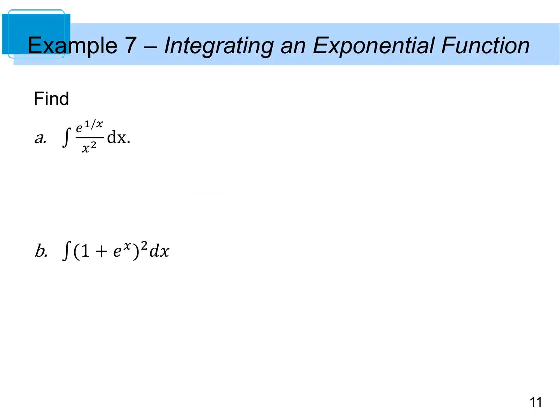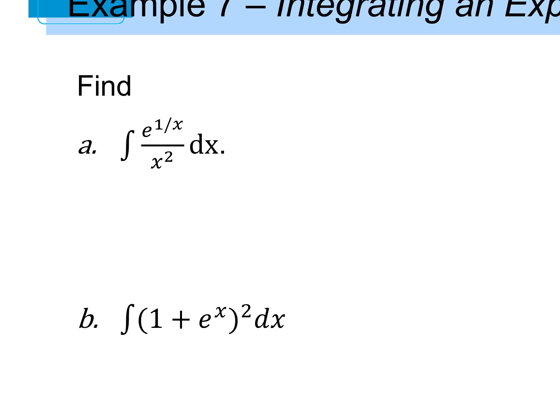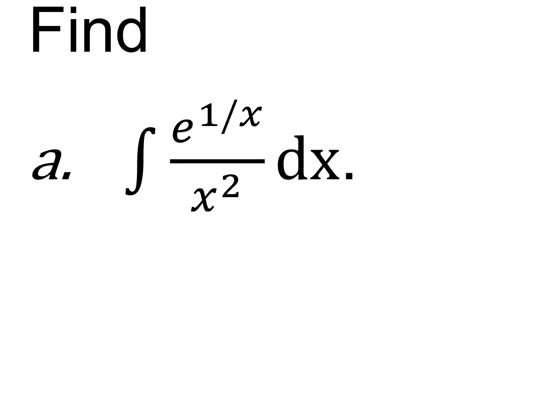All right, let's do example 7. So looking at the first one here, let's make our exponent u. So let u equal 1 over x. What would our derivative be of u? Let's change this to something we like to take the derivative of a little bit better.